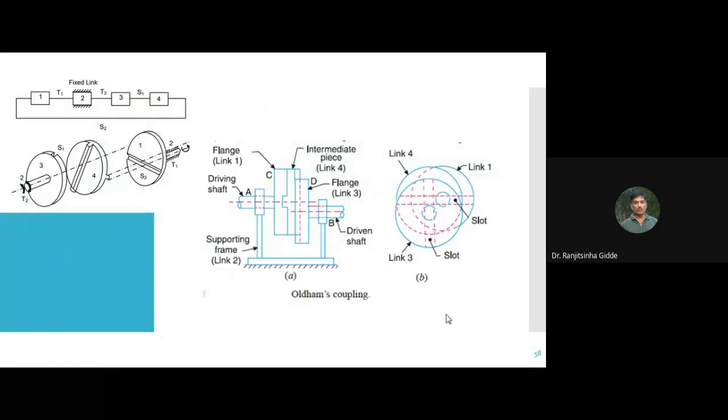Okay, right? So this is the intermediate piece, and this hatching is nothing but this.